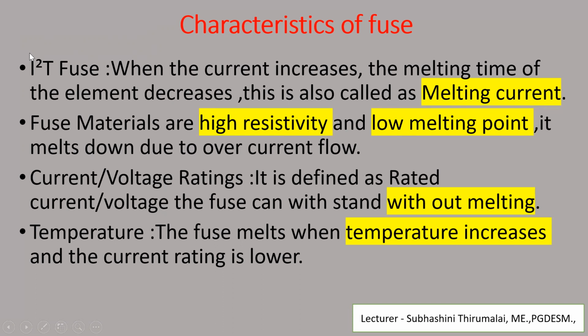So I square T is also called the melting current. This is to find out the heat. Heat is equal to I square RT. That is the actual thing. These two are inversely proportional.